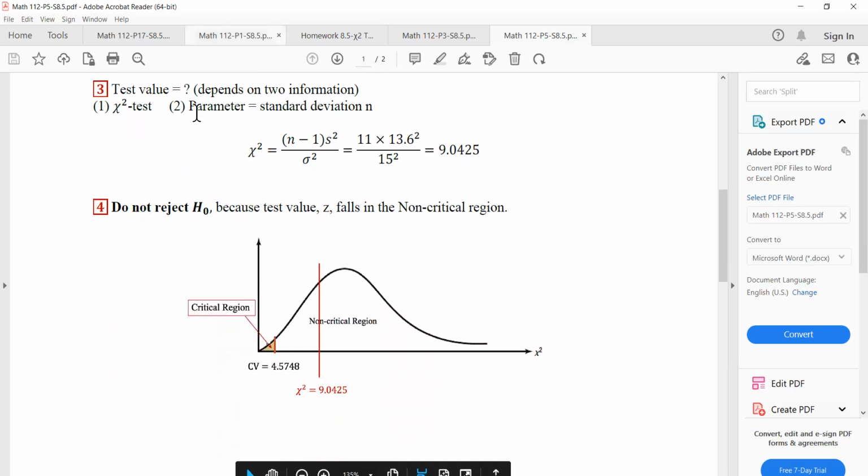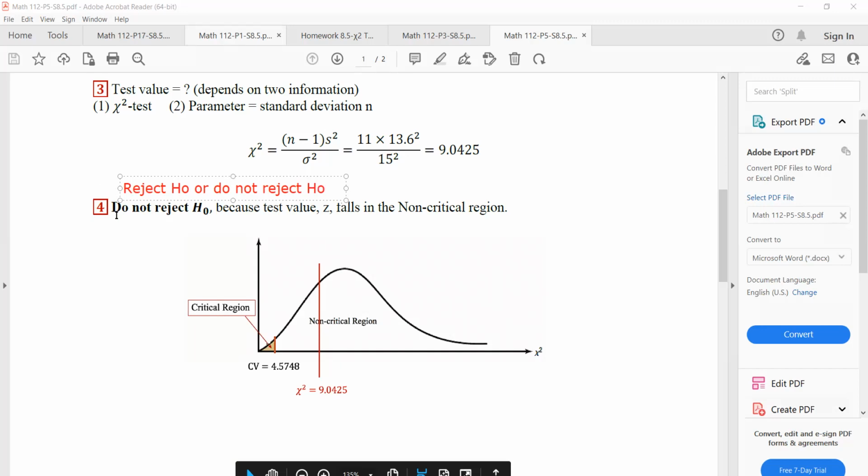Remember this step, what you're going to have on your screen is reject H0 or do not reject H0. If you want to circle one, if you want to write it, that's fine. It just means there's going to be a little more writing if you write it.